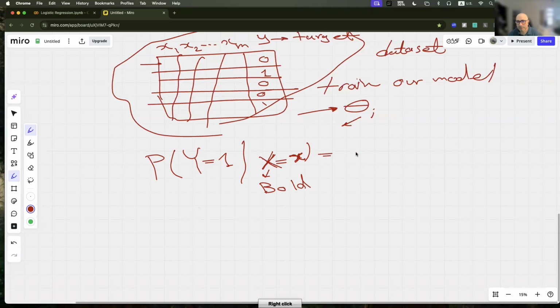This would be equal to sigma of z, which we know what the equation looks like, and z is what we have written above, something like this.